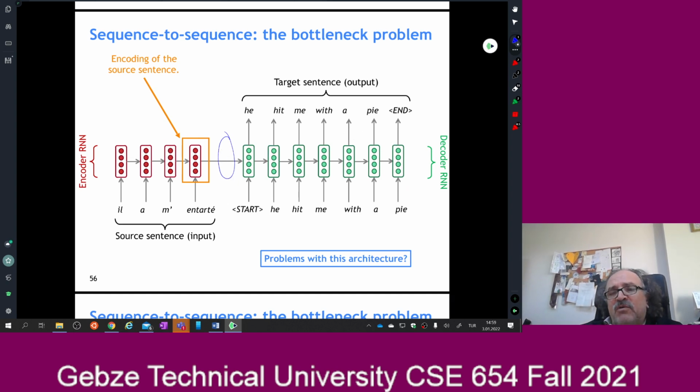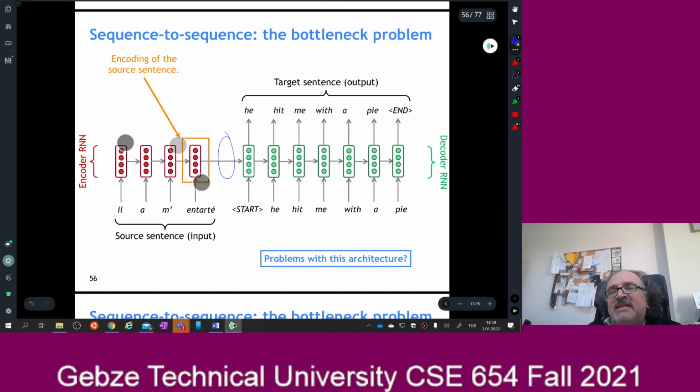So I have to encode all the information about this sentence in a single vector. Some people say that this is not good. Why do I have to put all that data in a single vector?